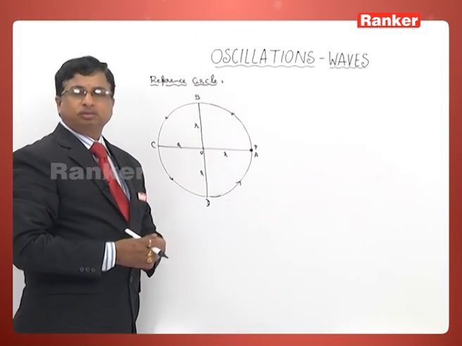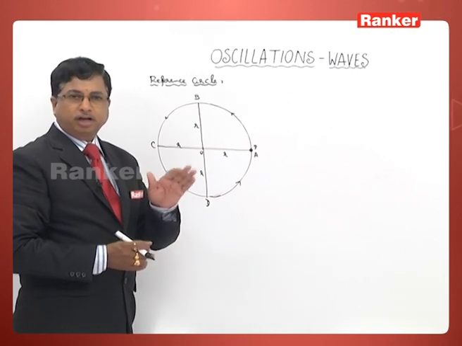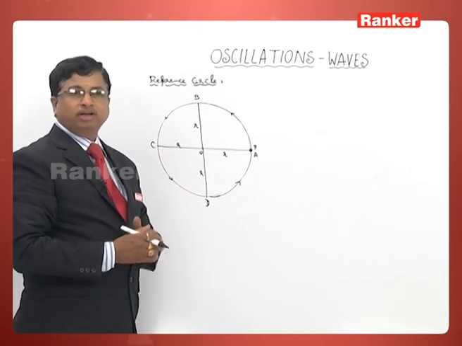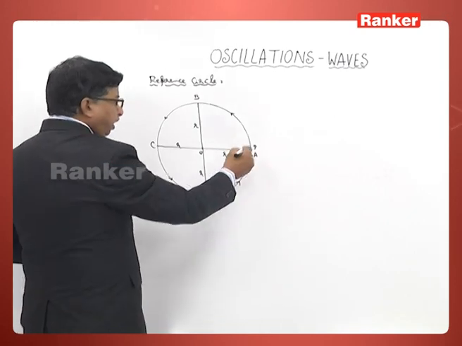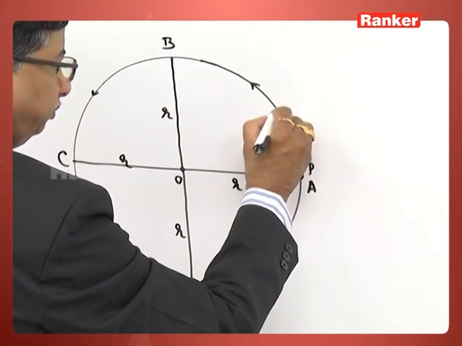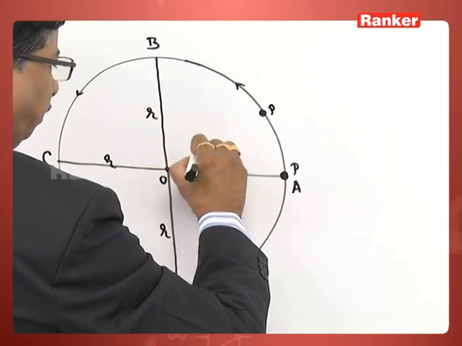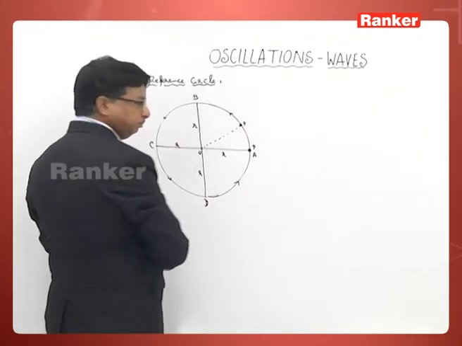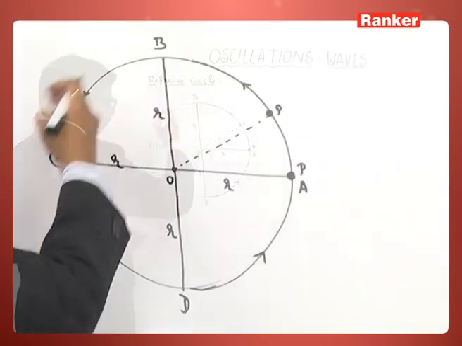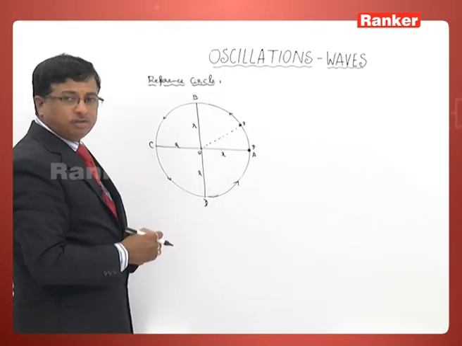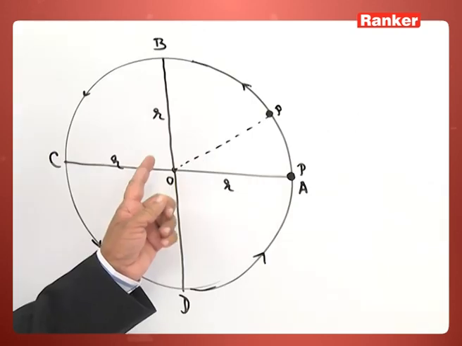Let us consider in a detailed way how the particle moves from one point to the other. When I consider the particle is here, you can surely understand this gives you the radius of the circle, or you can call it the distance to the point P from the center, that is O.